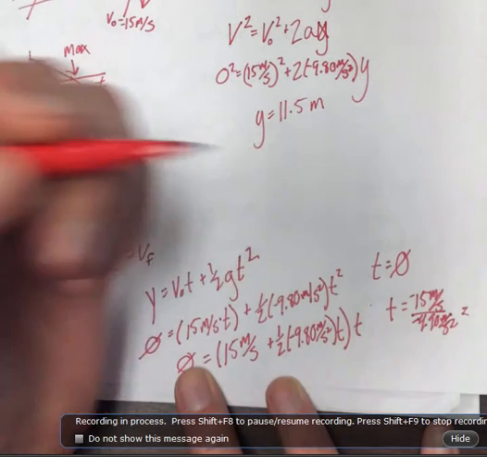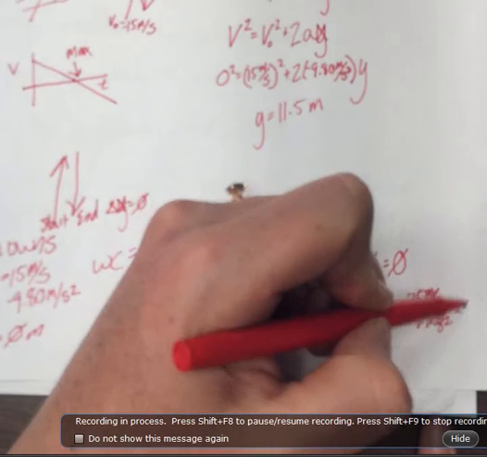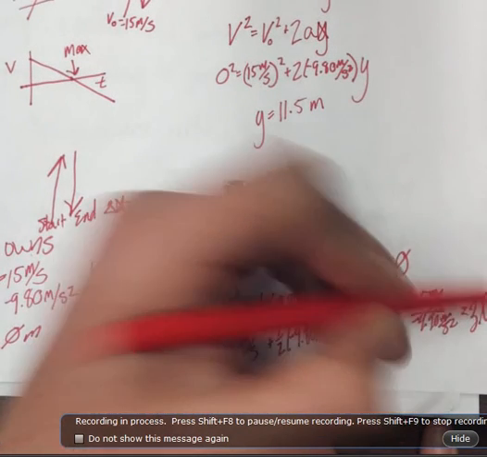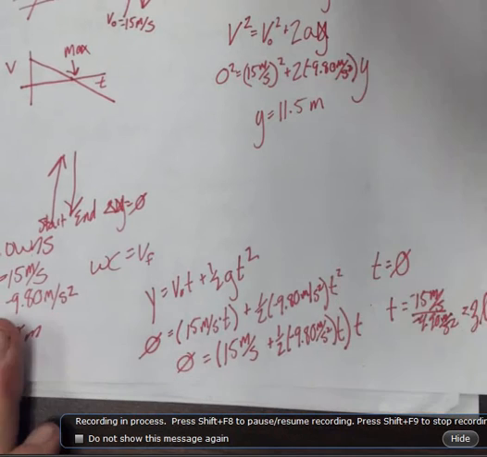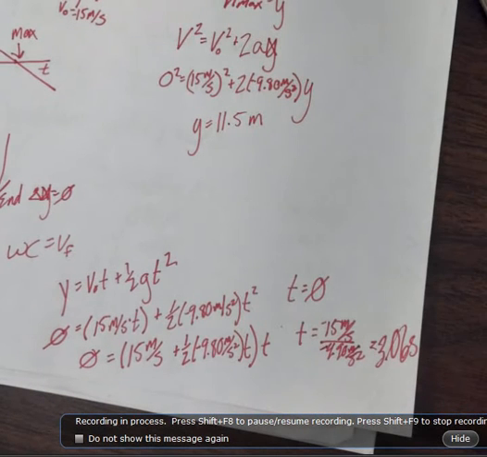So that means that our time would equal 3.06 seconds. So that means that there's two answers because we had a time squared function, and we could say that it took the ball actually 0 seconds to be at the position of 0, or it took the ball 3.06 seconds to return to the position 0.